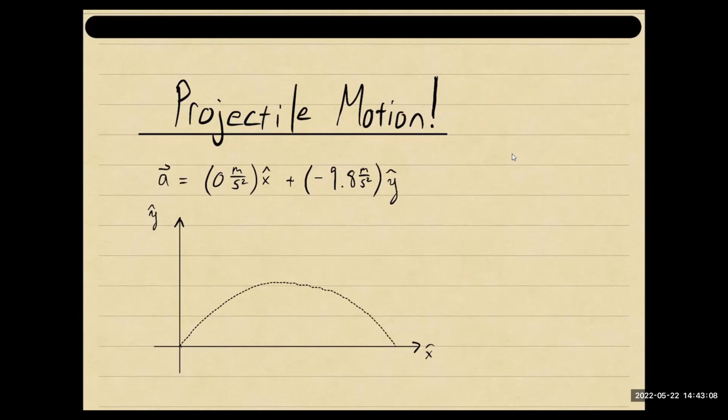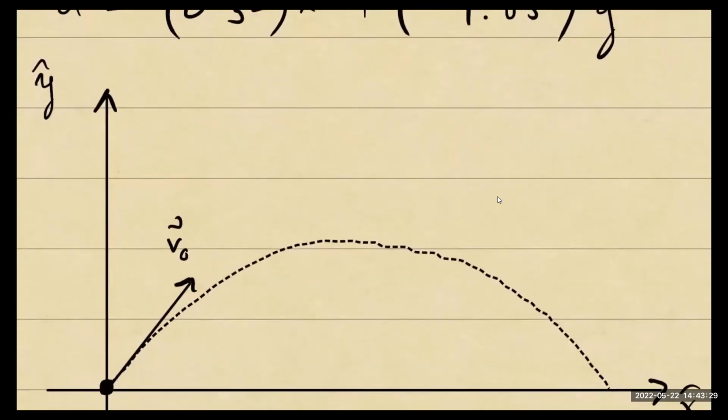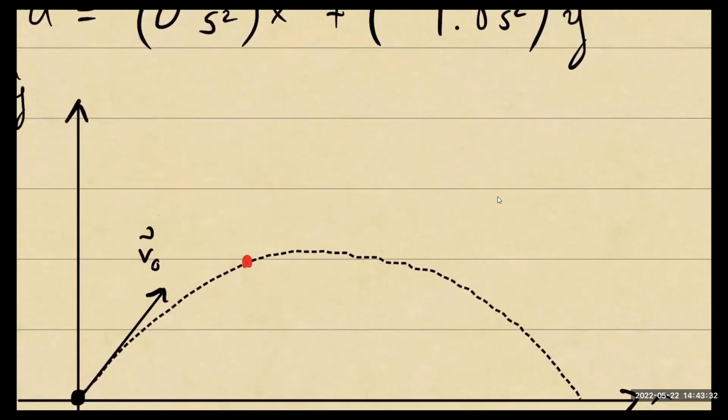And so at each point, the velocity of this object is perpendicular to its trajectory. So this here is V0. And at every single point, I might actually just switch up the colors so it's a little bit easier to see. So at every single point of this trajectory, its velocity is going to be... not perpendicular, it's going to be tangent to the trajectory here.